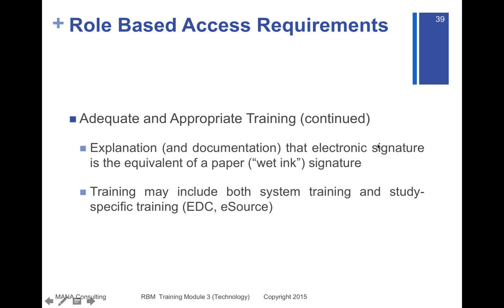And among that, you want an explanation that electronic signature is equivalent to a wet signature, and that training must include both system training and study-specific training. So oftentimes, we'll combine those. Some systems have a separate system training, and then you do the study-specific training too.